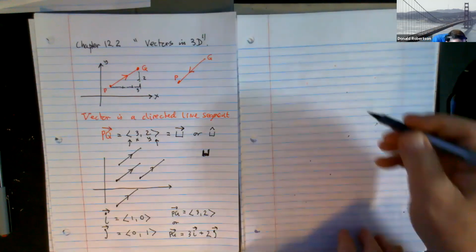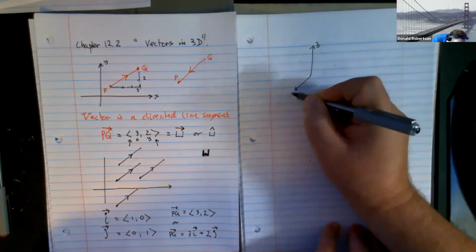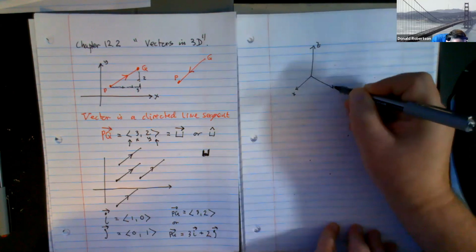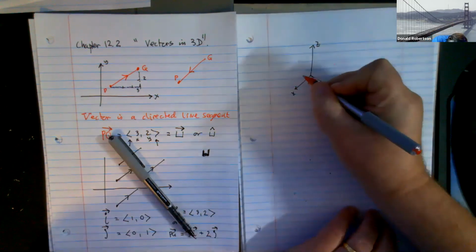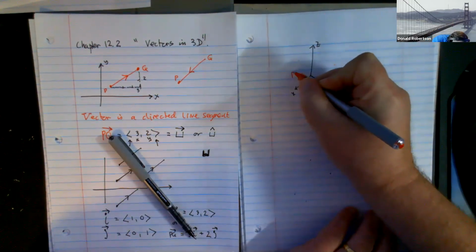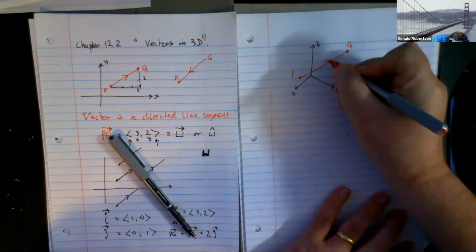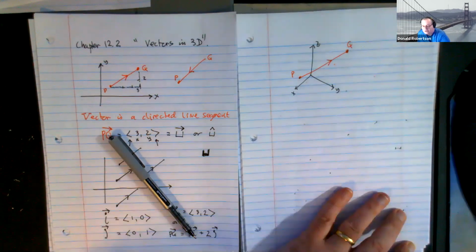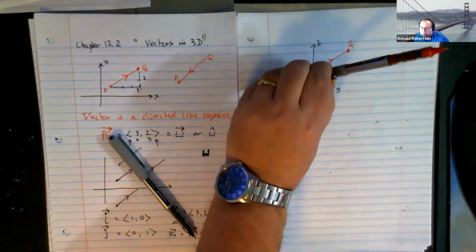So let's transfer this to the 3D world. And I want you to imagine that we're at a point here called P, and you're going up to this point here called Q. But P and Q are in three-dimensional world. It looks like I'm drawing a two-dimensional line, but can you imagine it's a pen sticking out the paper like this?